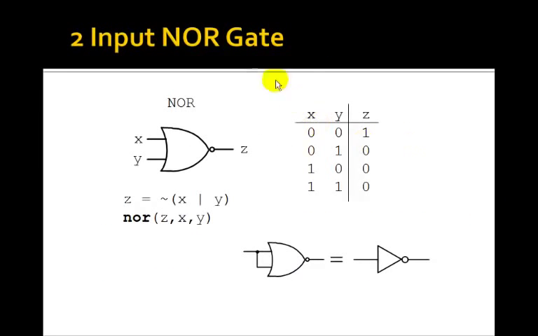It turns out that a NOR gate is also a universal element. We can see that by connecting the 2 inputs together, which also gives you an inverter. If they're both 0, the output's 1. If they're both 1, the output's 0. If we place this bubble with this NOR gate, we can make an OR gate out of 2 NOR gates.